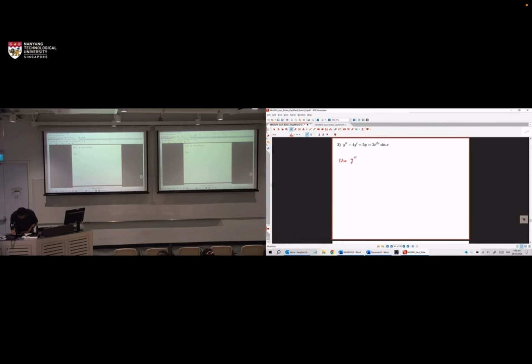The case of y double prime minus 4y prime plus 5y equal to 0, which means that your CE is r squared minus 4r plus 5 equal to 0.